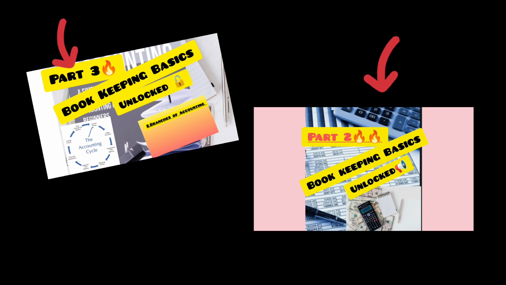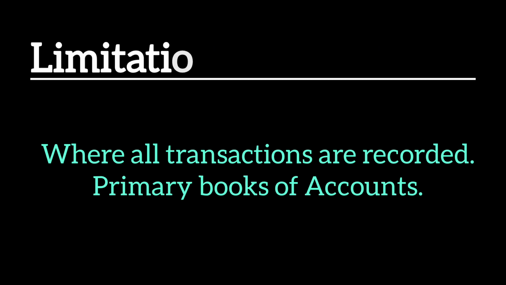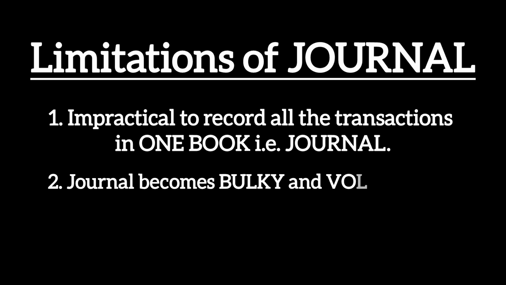And where are those transactions recorded? They are recorded in the journal. Yes, the journal is the primary book where all the transactions are recorded, but there are certain limitations to it. It is impractical to record all the numerous transactions in a single book called journal, because the journal becomes very bulky and voluminous because of the huge number of transactions taking place in business.